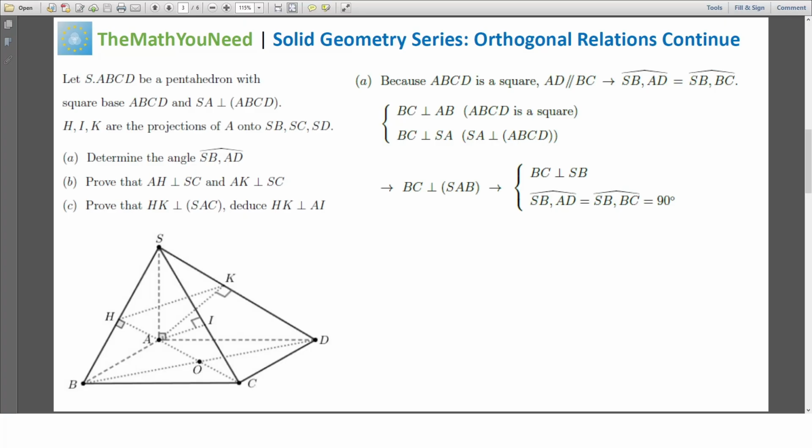But at the same time, we have AH is perpendicular to SB, and so therefore AH is perpendicular to plane SBC, and consequently, AH is perpendicular to SC. And repeating the same ideas, we can deduce that AK is perpendicular to SC.